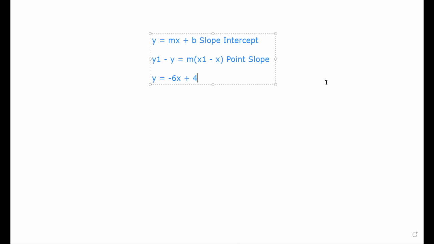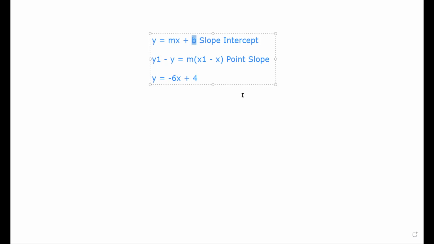The one thing that I will say is absolutely correct is the positioning of this negative 6. If you notice in both of these equation forms, m is present. M is always going to be our slope. So if we're using slope-intercept, what we need is m and b.